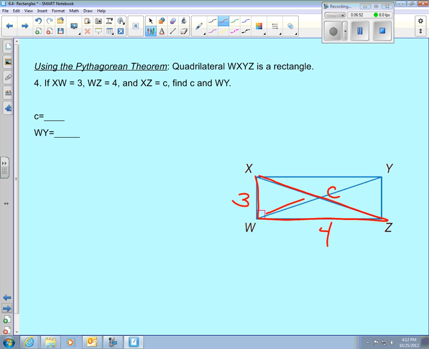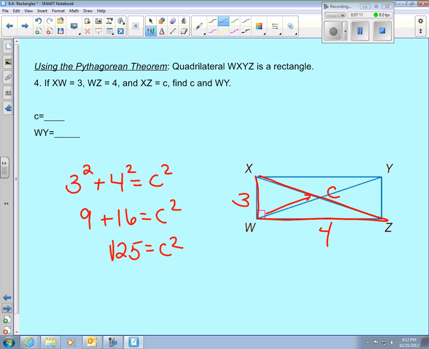And my diagonal across from that right angle is going to be my hypotenuse. So I know I'm going to do 3 squared plus 4 squared equals C squared, my hypotenuse. So 3 squared gives me 9, 4 squared gives me 16, C squared. If I add those, I get 25 equals C squared. Square root of 25, to get rid of that squared, and C equals 5.